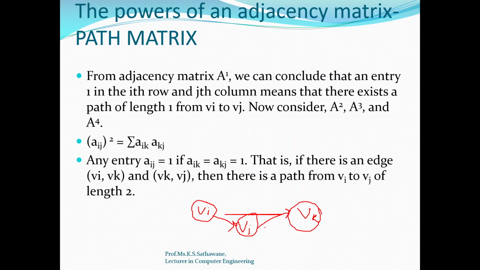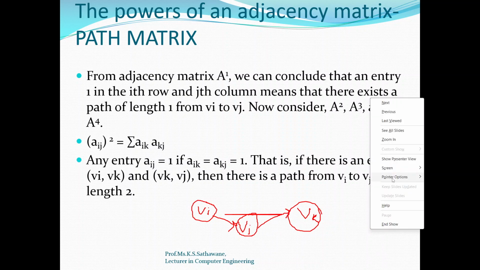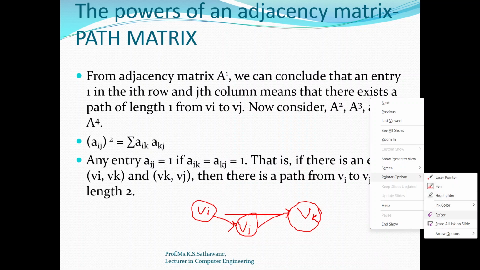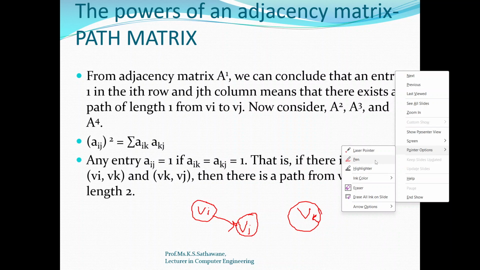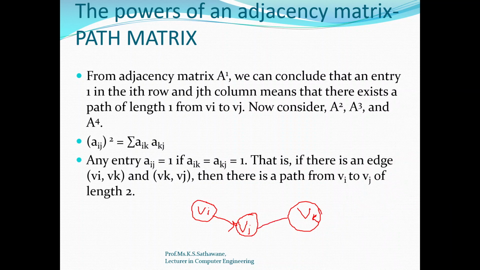In this way, they are indirectly connected. Means there exists a path from Vi to Vk, but with two edges in between. So the length of the path is 2 here. Had it been a direct edge from Vi to Vk, then the length of the path would have been 1. I hope you have understood.